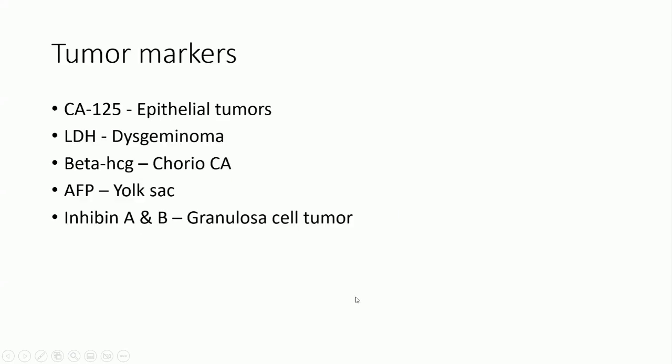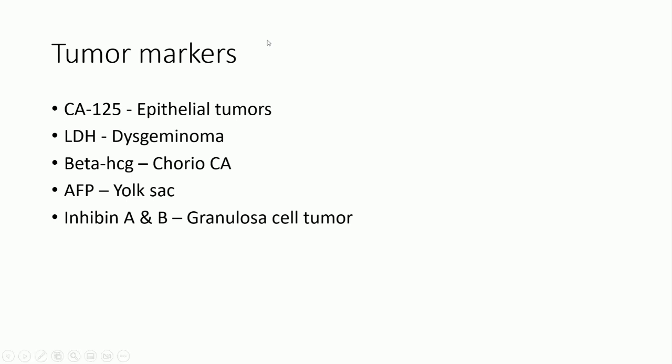And the tumor markers. When we do the ultrasound scan of the abdomen, transvaginally and transabdominally, and if we see an ovarian tumor, then we will be doing the tumor markers. To do the tumor markers, we have to have an idea what kind of tumor it can be, whether it can be an epithelial tumor or a germ cell tumor.